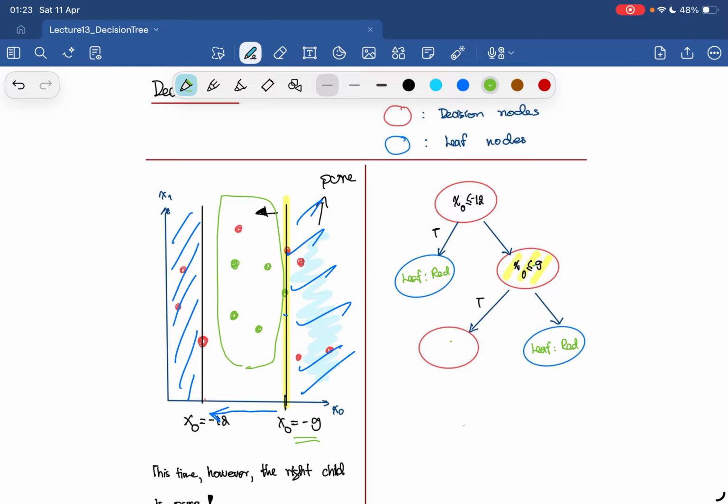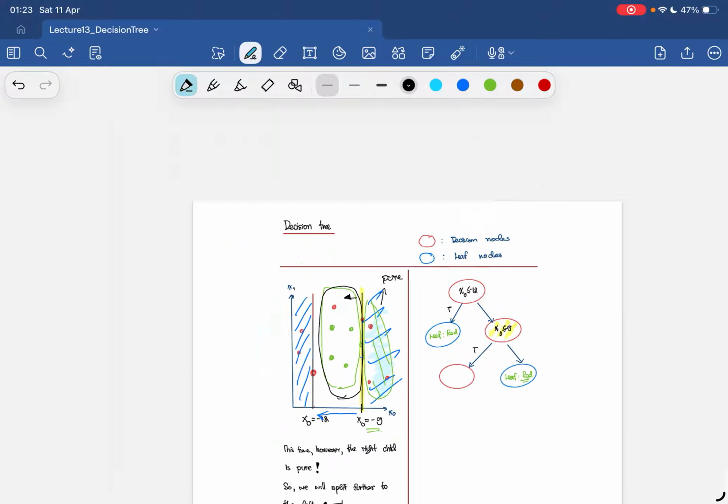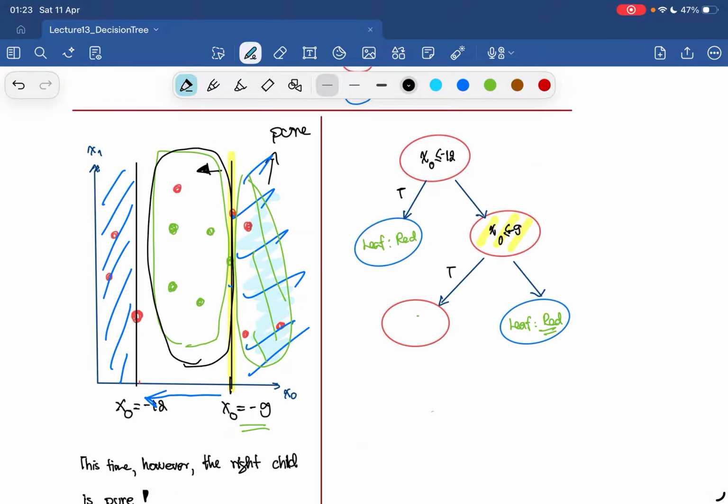But the one on the right, which are these, they are pure now because they only consist of points from the same class, right? And the majority of it is red, so the leaf is red. And it will further continue to process this area. But in this area, you can no longer divide by splitting along x0 because it's mixing now.